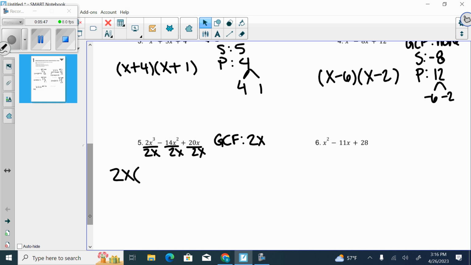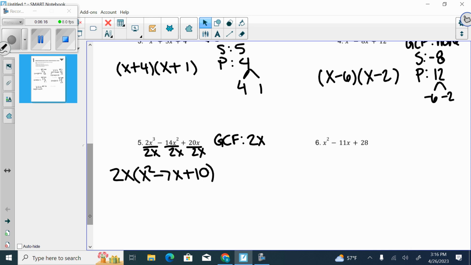And x cubed divided by x will leave us with x squared. All right, what about -14 divided by 2? -7. And x squared divided by x? Just an x. Good. All right, and then what's 20 divided by 2? 10. Are there any x's left?